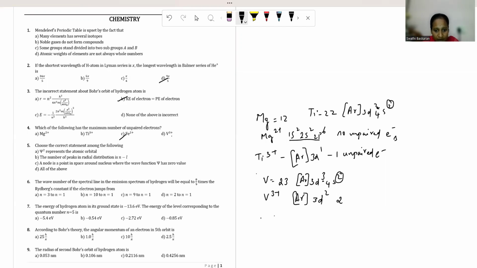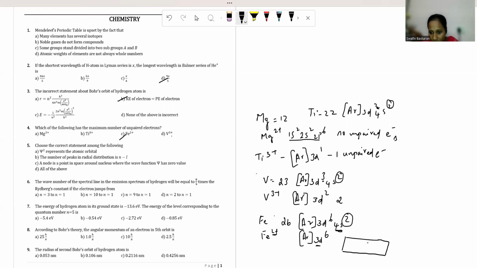Now coming to Fe2 plus. Fe's atomic number is 26. How do you configure it? Ar 3d6 4s2. And in the Fe2 plus state, it will be losing 2 electrons. So it will have argon, the inert gas configuration accounting for 18 electrons, then 3d6, which means that the 4s2 electrons are removed. Now how do you show the electronic configuration in the 3d orbitals?